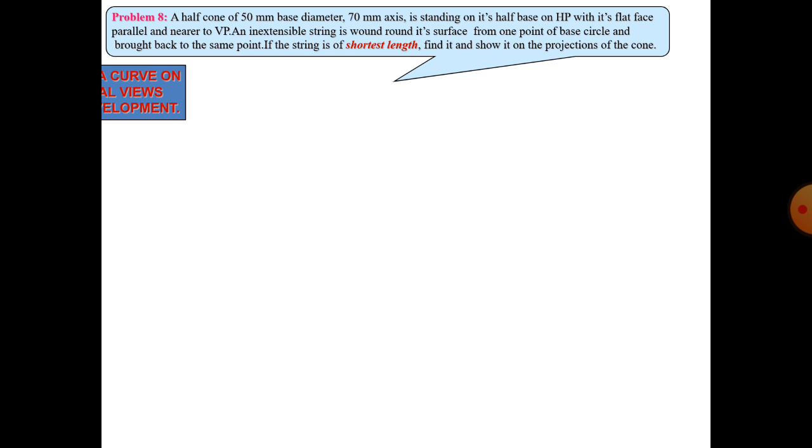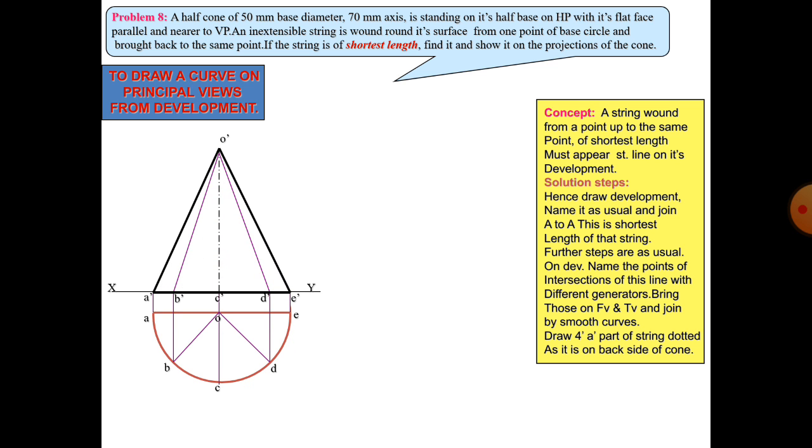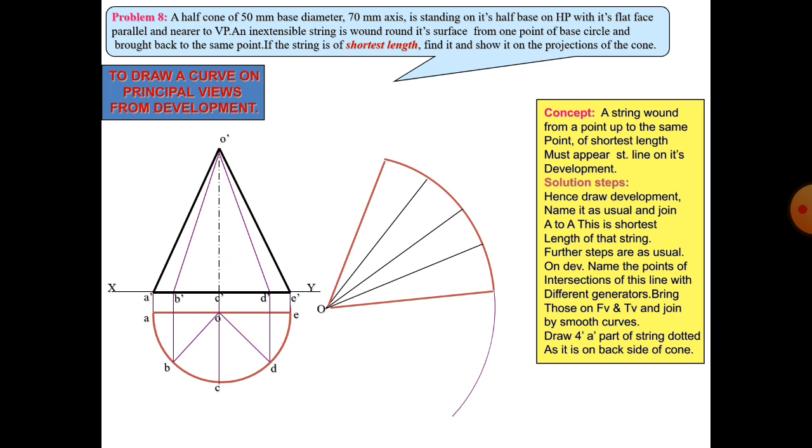Next, similarly, a half cone. The half cone of 50 mm base diameter and 70 mm axis is standing on its half base on HP with its flat face parallel to VP, and an inextensible string wound round its surface from one point of the base circle. Draw a half circle, mark, then extend all points, draw the side view and developments.